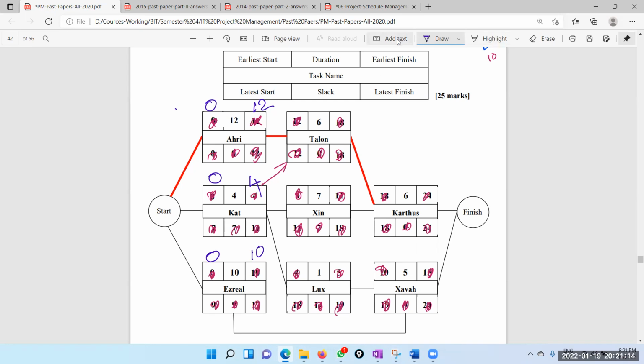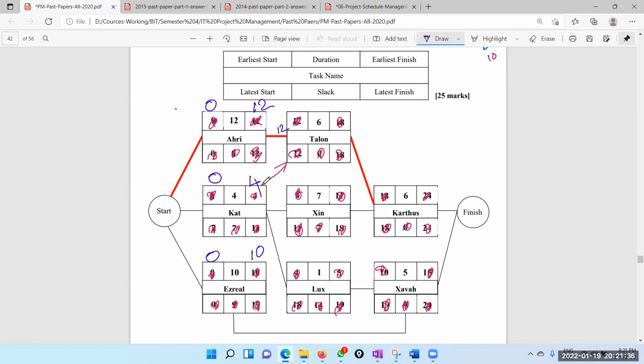So now we have the earliest start and earliest finish of the first three tasks. They are not depending on anything. Now there are two dependencies. So this is the earliest start for this one. If you go by this one it is 12.